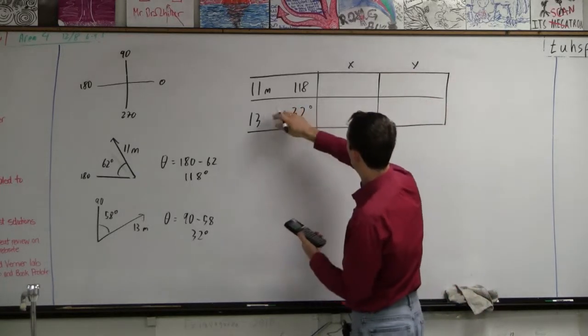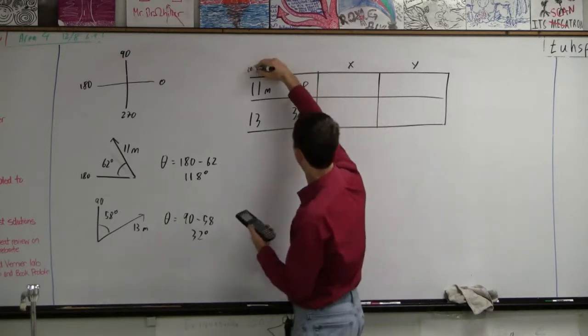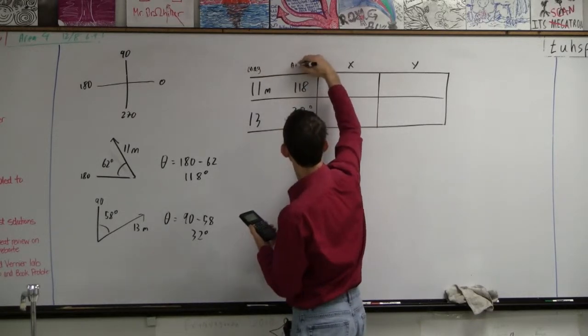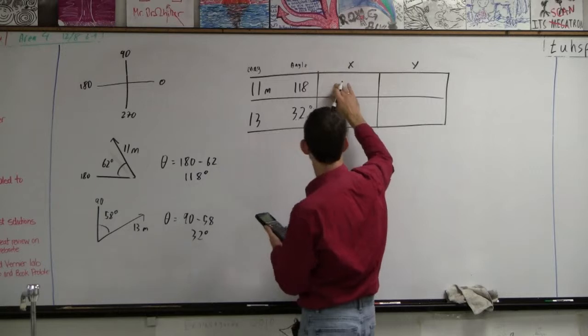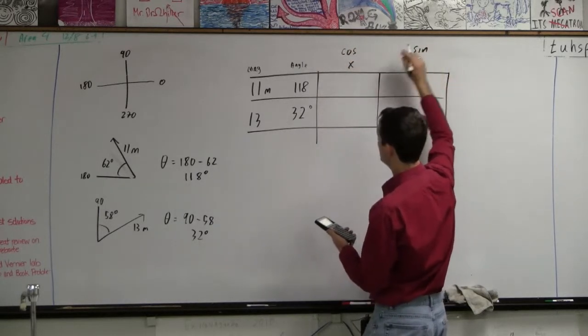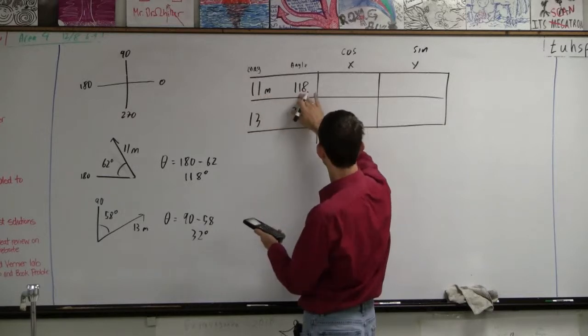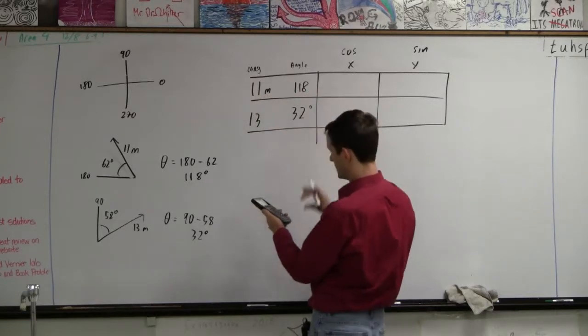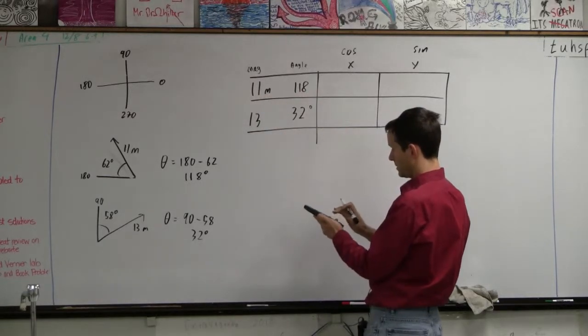Okay, there we go. Now, all you do here, this is our magnitude, by the way. Here's our angle. All you do is you use cosine for this guy, sine for this guy. So 11 meters times the cosine of 118 is this guy, 11 cos 118.